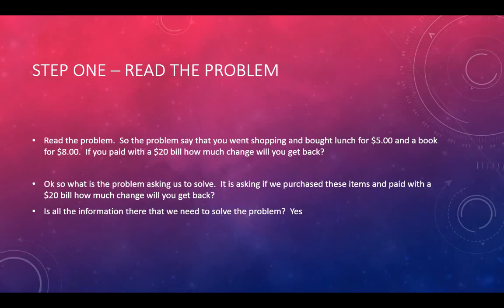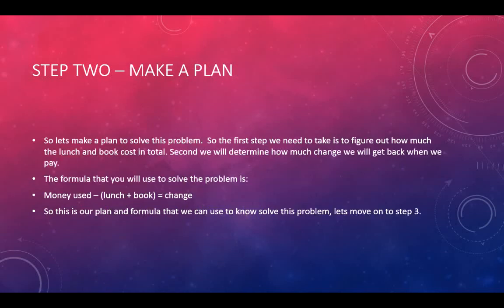It is asking, if we purchased these items and we paid with a $20 bill, how much change will you get back? Is all the information given that you need to solve this problem? Yes, it tells us how much we spent and what we paid with. So that's all the information that we need to solve the problem. So now let's move to step 2.